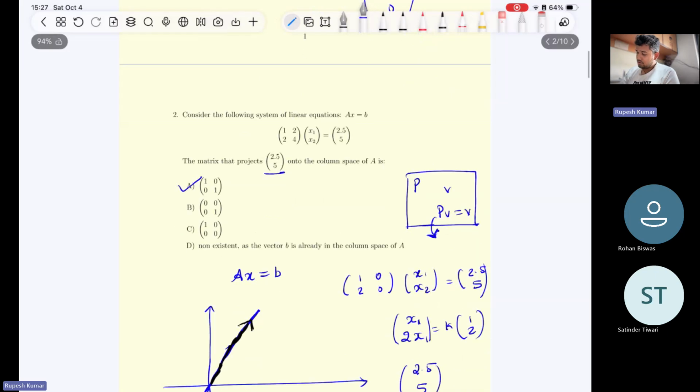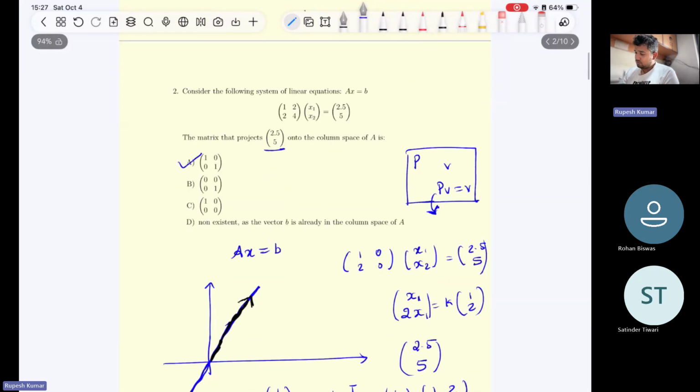Now you have this set of points, and the point (2.5, 5) will lie in this smaller set where the projector will be the identity matrix. That's it.